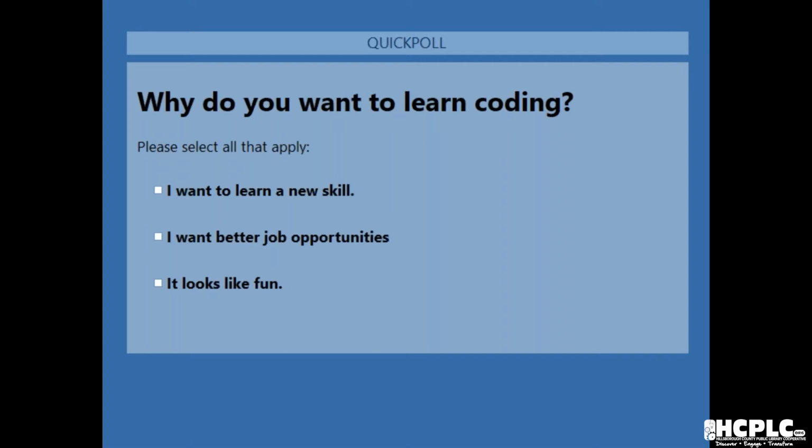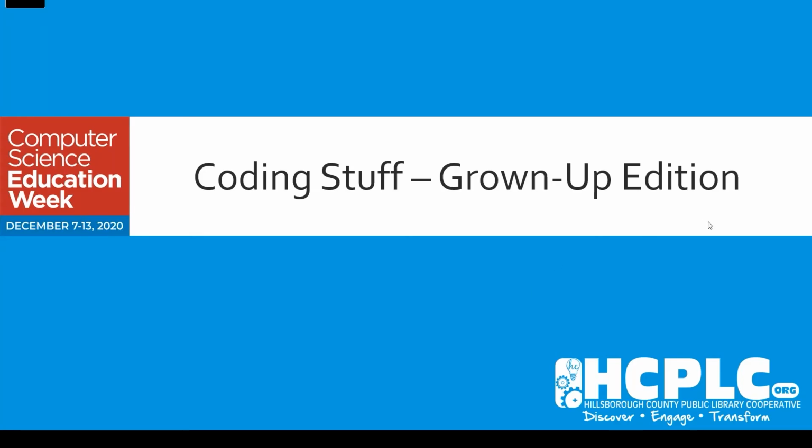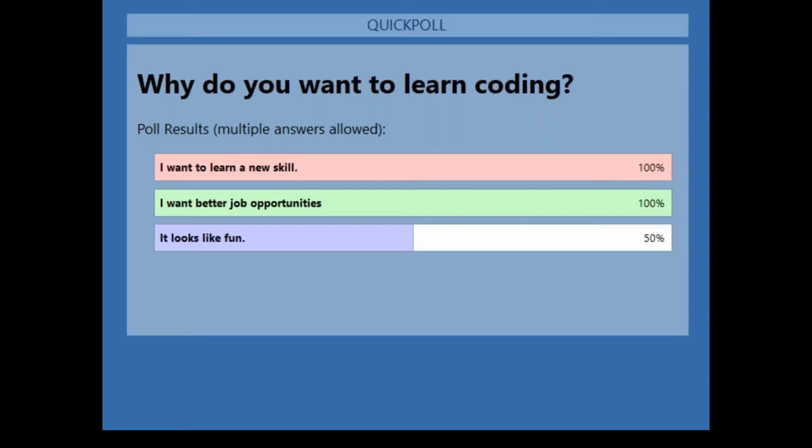Whether you want to learn a new skill, better job opportunities, or it looks like fun, you can select all three or just one. Whatever makes sense for you. I just want to get an idea of why everybody who's watching is interested in coding. I'm going to leave a few more seconds for everybody to answer. All right, I'm going to go ahead and close it. Let's see why our audience this evening is interested in learning about coding.